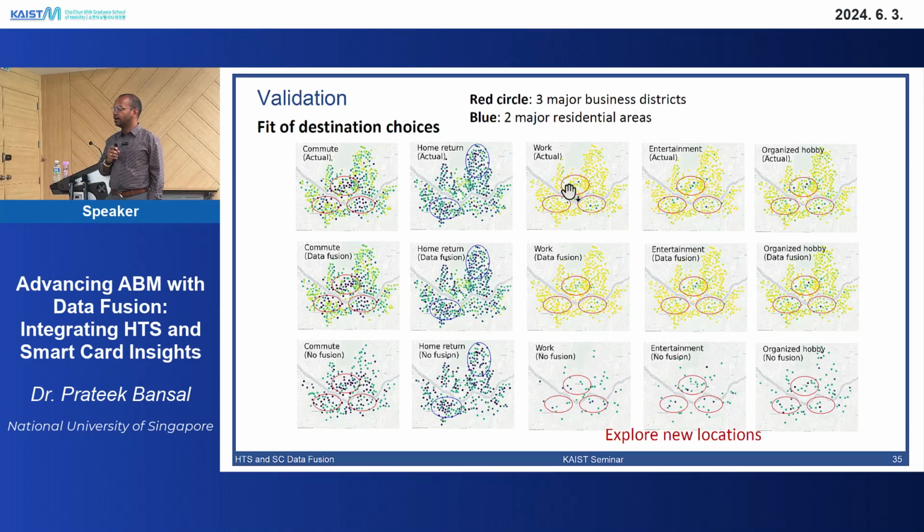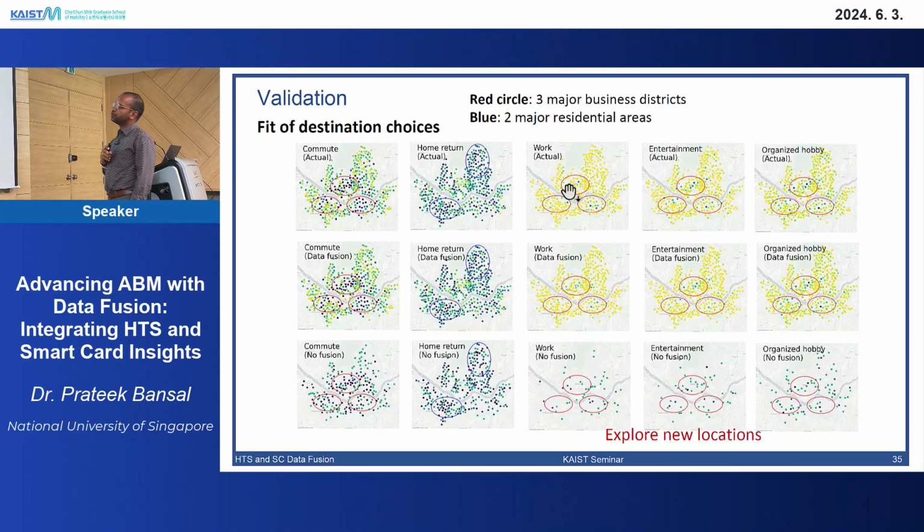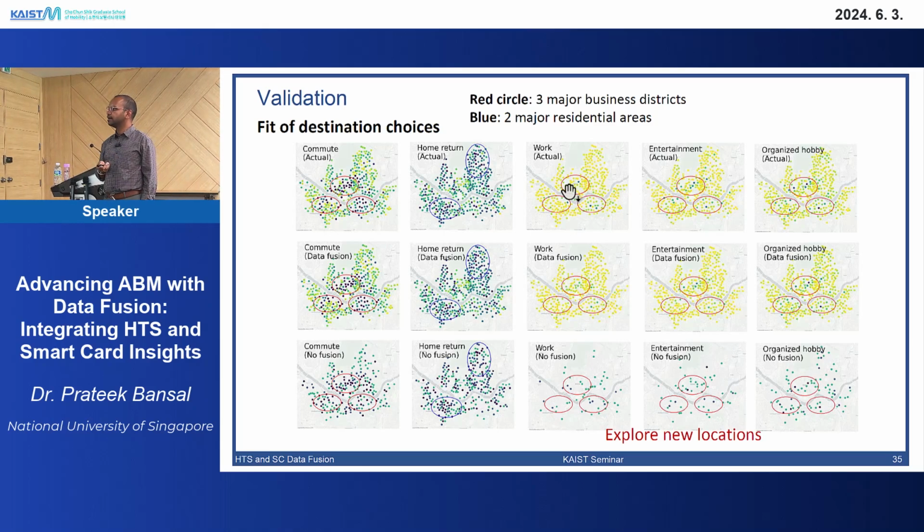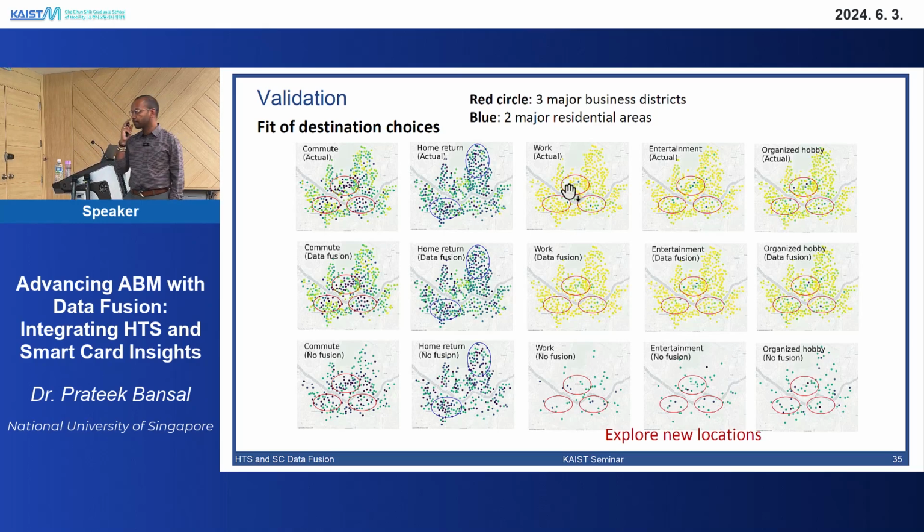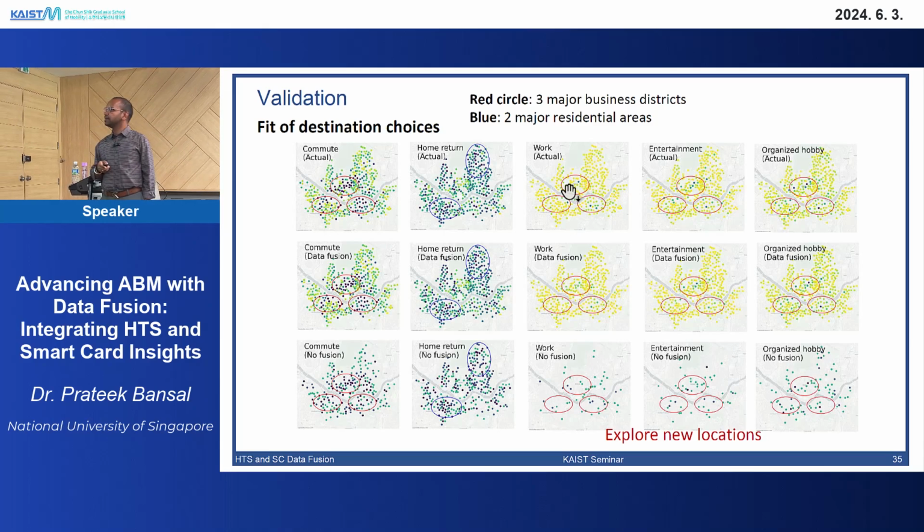Now I think this is more important. What you see here is, on top, the actual distributions of trip purpose and spatial locations. The middle row is the data fusion one, and the bottom row is the no fusion one. Let's first look at the commute.